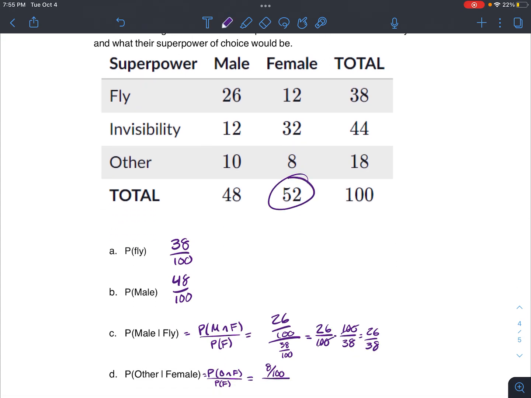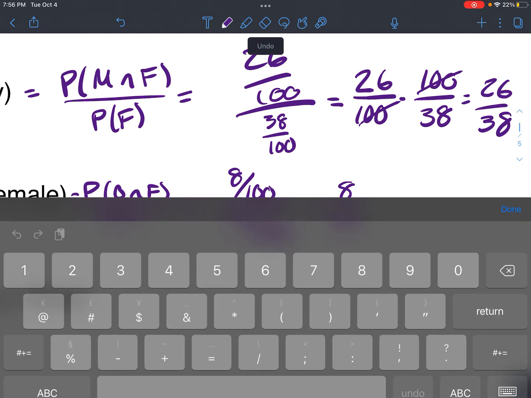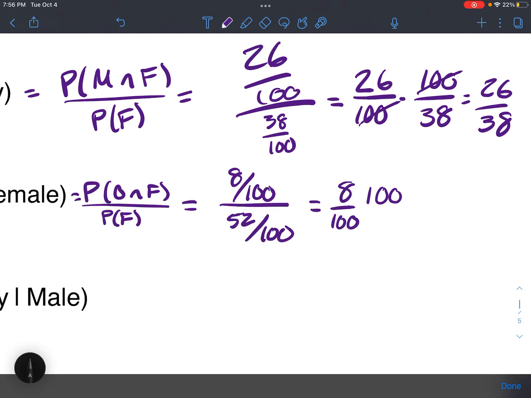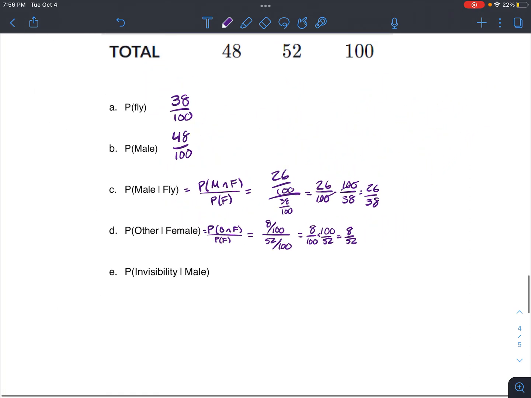Our total number of females is 52, and the total number of people is 100, so we just get 52 over 100. Some more multiplying by the reciprocal, and we get 8 over 52. Like I said, we could just not simplify for now.